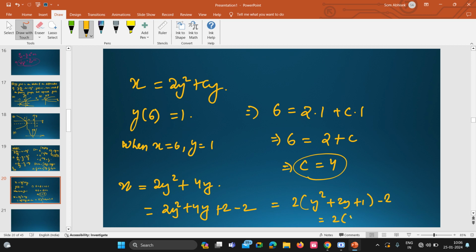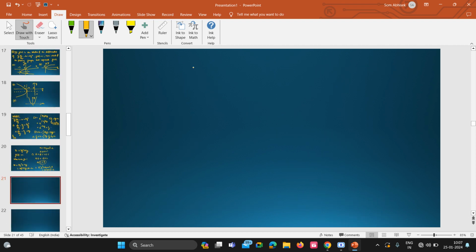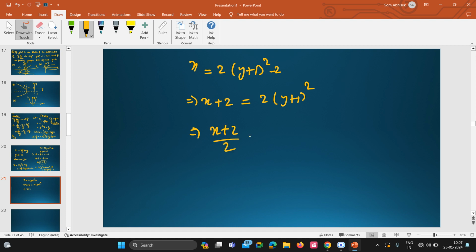So this becomes 2 whole into y plus 1 whole square minus 2. So x plus 2 is equal to 2 whole into y plus 1 whole square. So x plus 2 by 2 is equal to y plus 1 whole square.